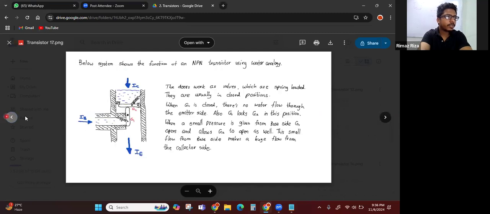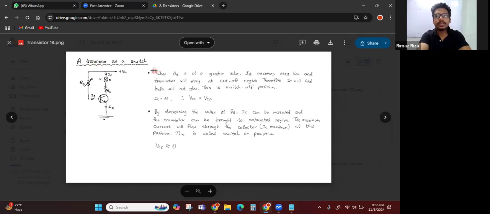And then write down the first topic, a transistor as a switch.